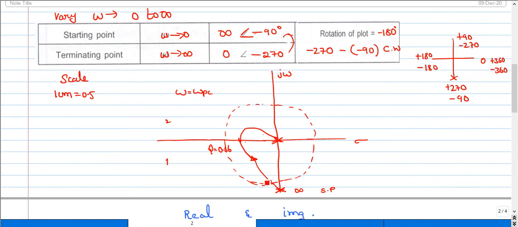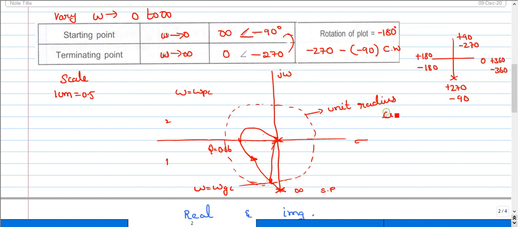See this particular point here, I can tell this as omega is equal to omega GC, that is gain crossover frequency. So in order to obtain this, omega GC will be the unit circle radius. If I do a construction, this will be unit value.